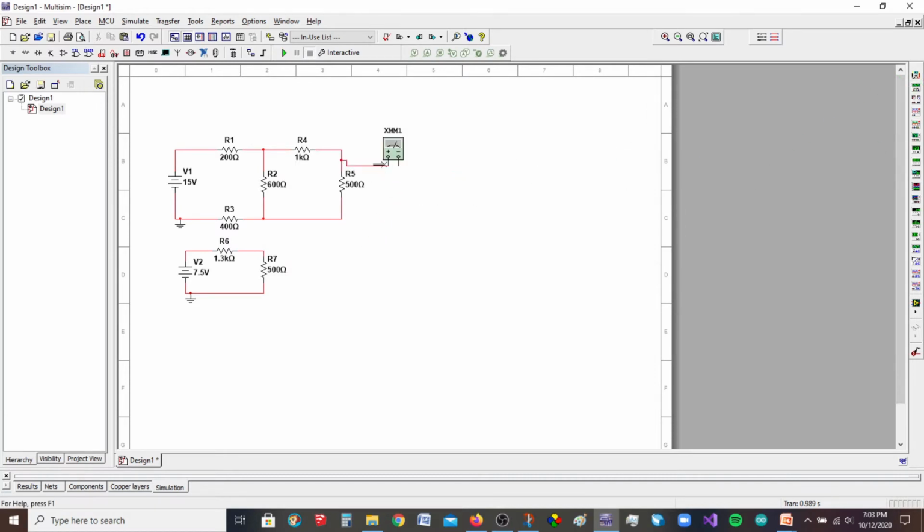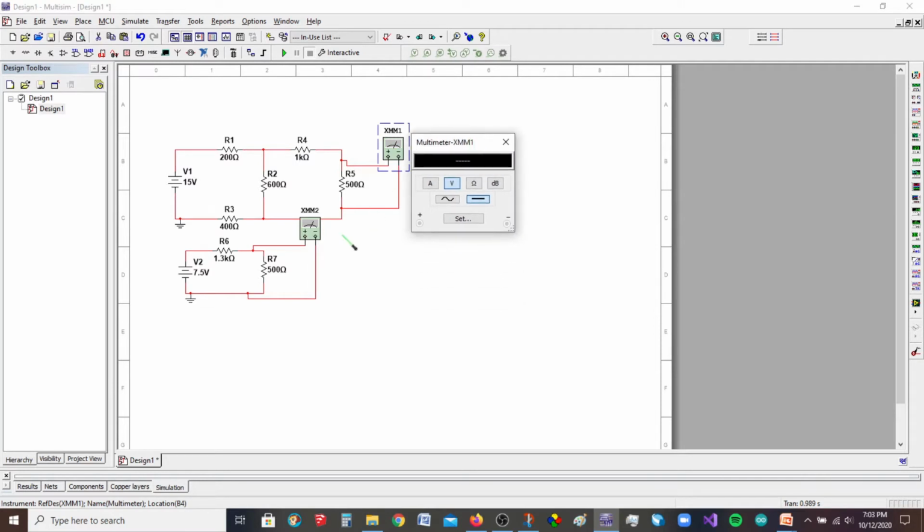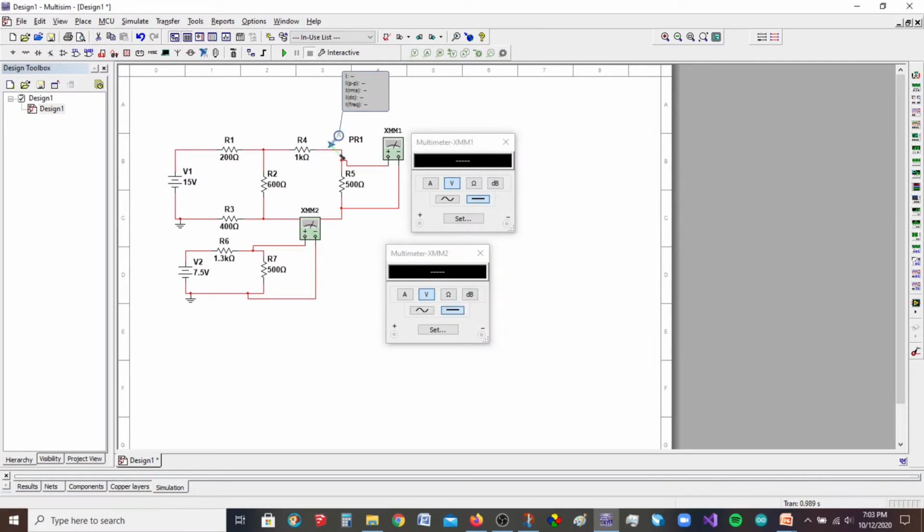I'm going to put it around this 500 ohm, and I'm going to grab another multimeter and put it around this 500 ohm. There's this, there's this, and I'm also going to measure the current on each circuit. I'm going to have to reverse this probe.